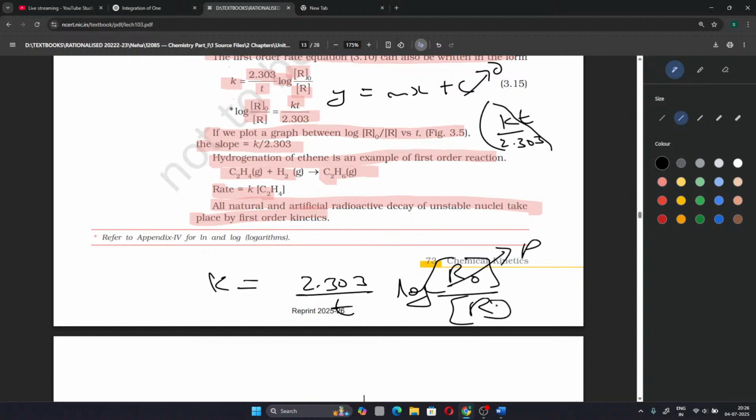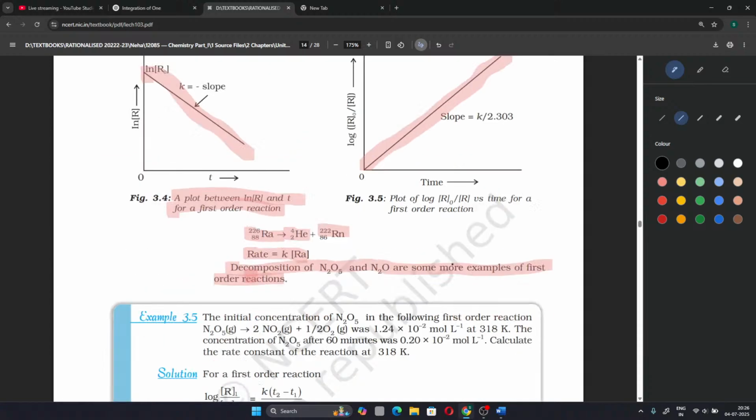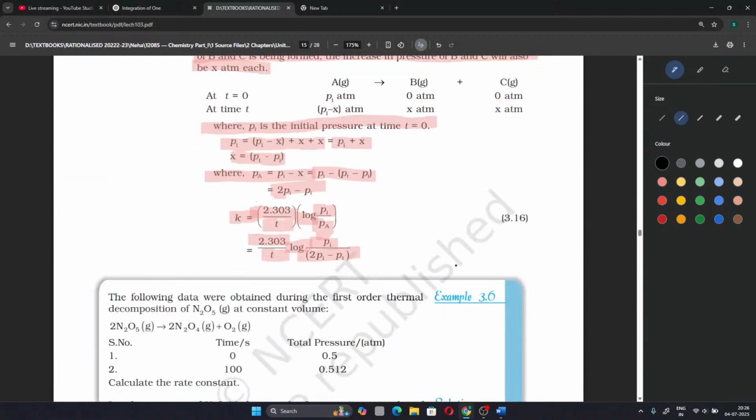This will become pressure initial and pressure final in case of gases. That is how we got this equation.